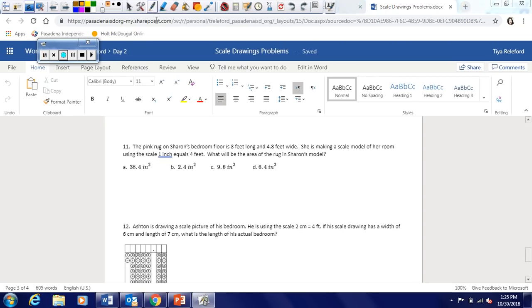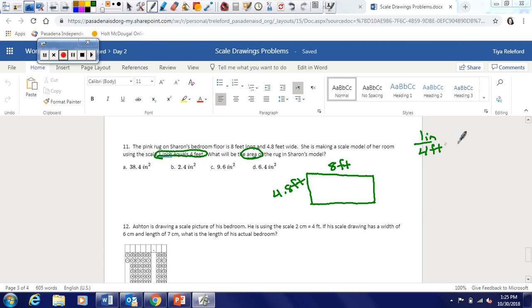Number 11, draw a picture. The rug is 8 feet by 4.8 feet. You have a scale of 1 inch equals 4 feet, and then you have to find the area. So you are going to have to set up a proportion for the length.